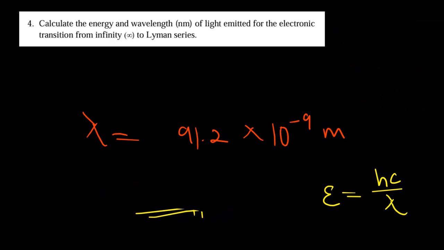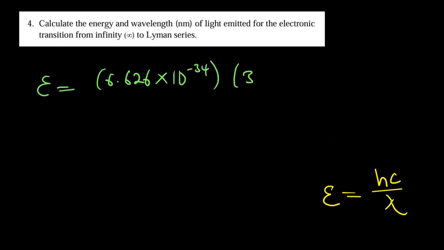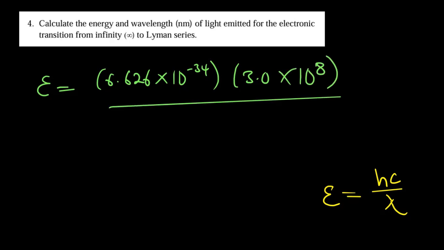But when calculating energy, we use this one in meters. So energy is equal to Planck's constant, 6.626 times 10 to the power minus 34, multiplied by the speed of light, divided by the lambda, which is 91.2 times 10 to the power minus 9.